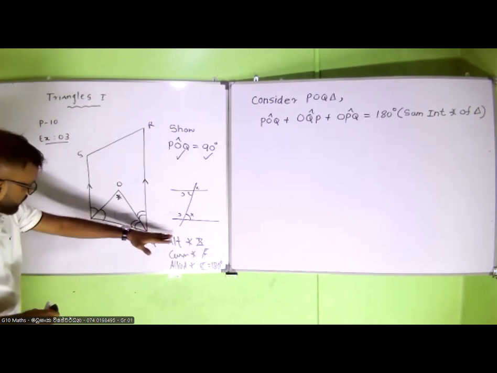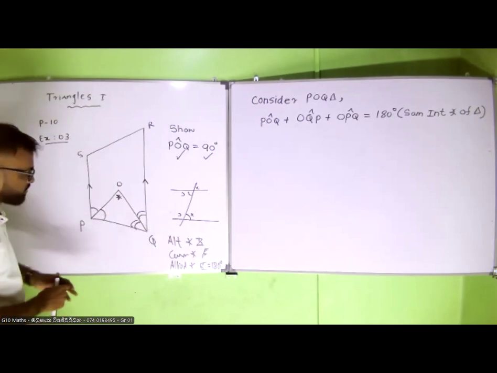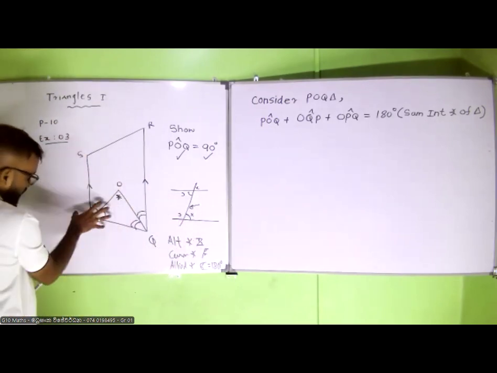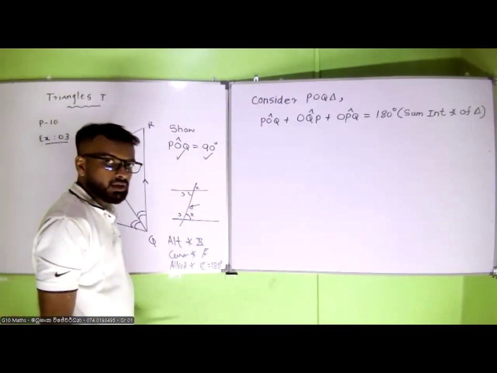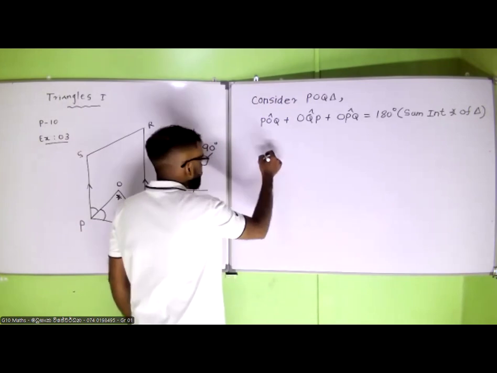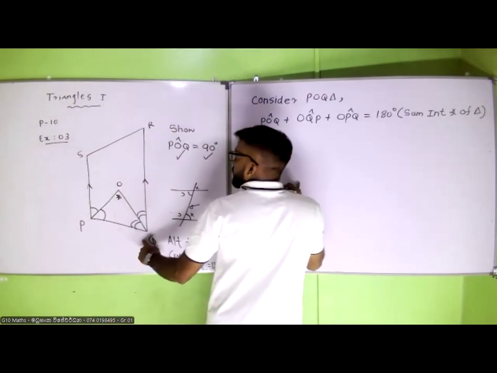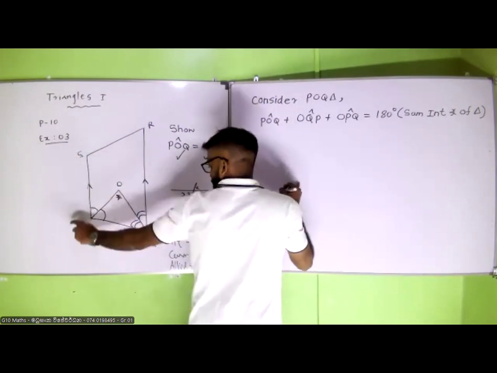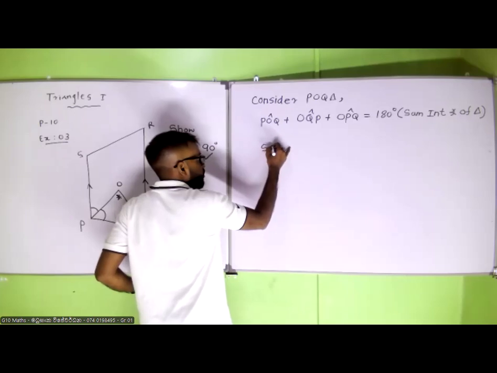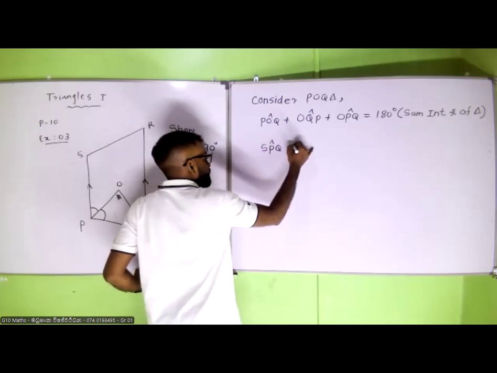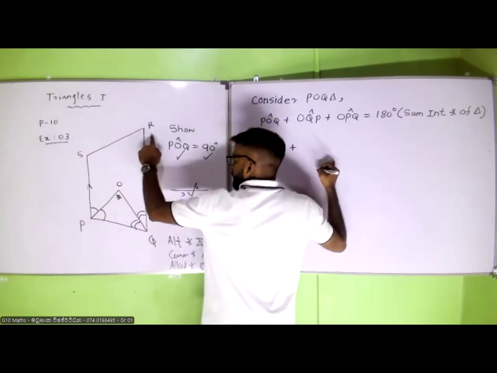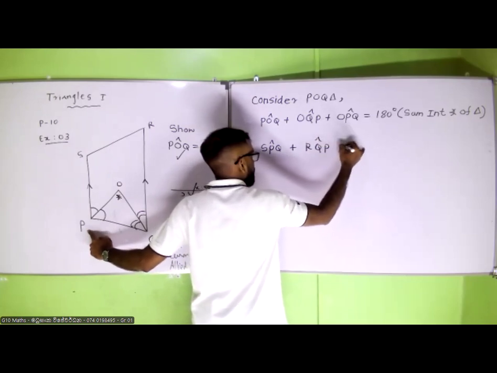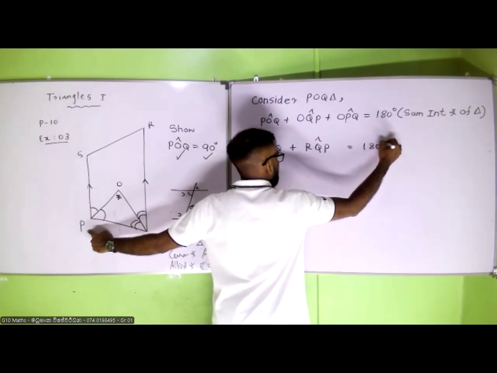So here PQ acts as a transversal, right? So I can take this angle plus this angle equals to 180. Neil, keep that in your mind. So I can write this angle, SPQ angle plus RQP angle equals 180. Why is that?